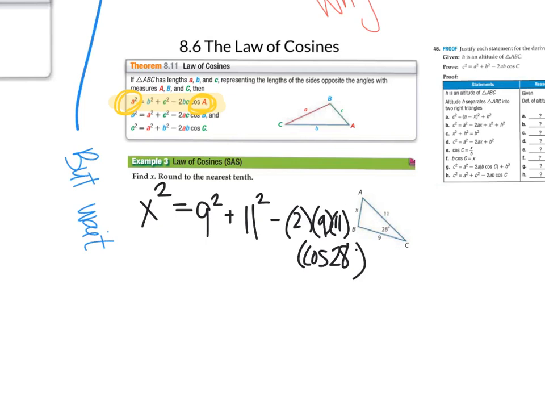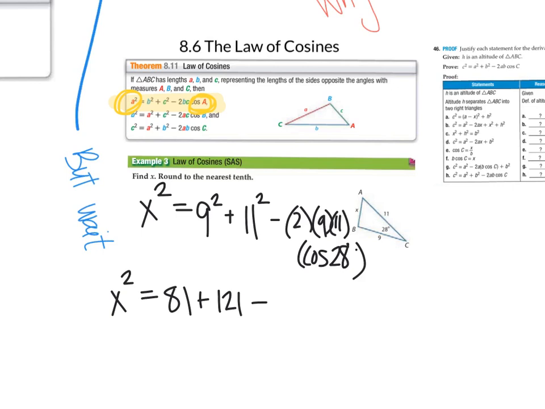All right, now that I figured out how to substitute the information into the formula, I'm going to continue to solve it step by step until we find out what x is equal to. So let's rewrite this and solve a little bit of it at a time. I'm going to say x squared equals 81 plus 121 minus, and I'm going to do this part in my calculator.